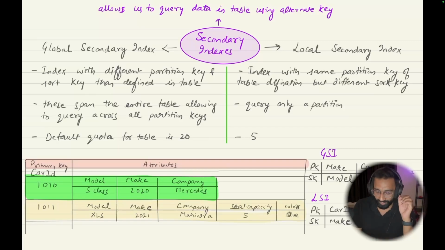And you can have a maximum of 5 local secondary indexes for your table. Another thing, you can only define local secondary indexes when you're creating a table, not after that. So if you have created a table, you can only create global secondary indexes.